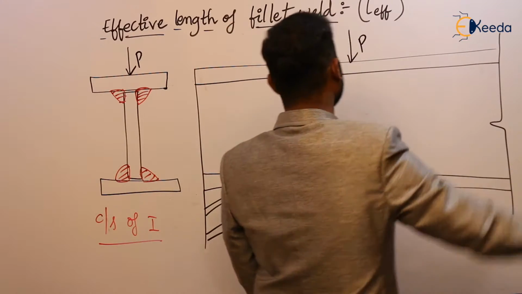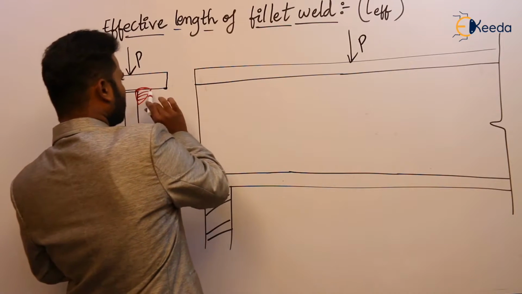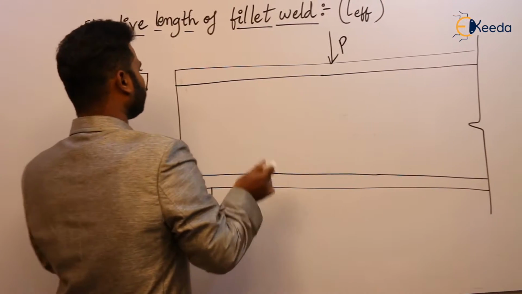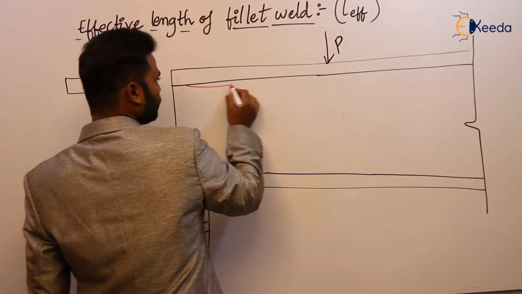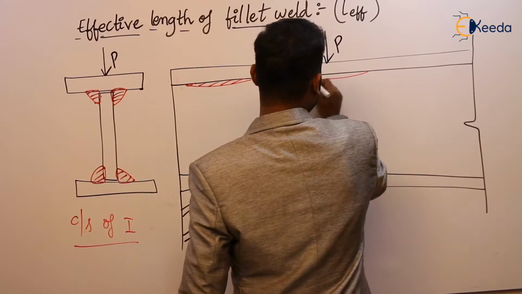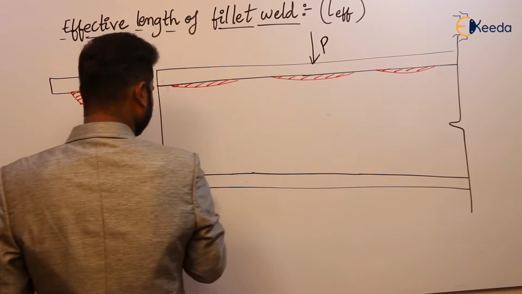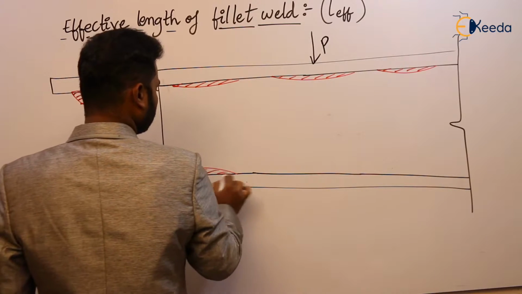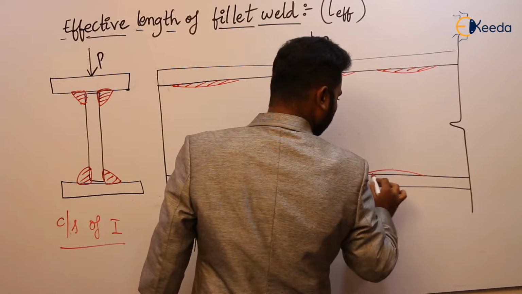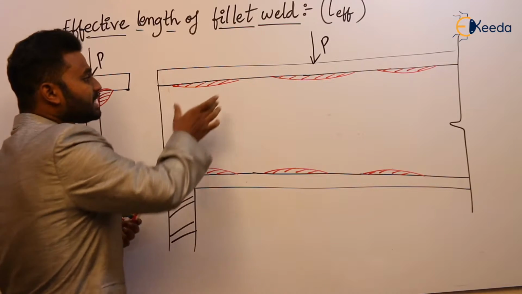As we discussed, we have to use weld for connecting this flange plate to the web plate, so this is how the fillet weld is going to be provided. Now this is the length.